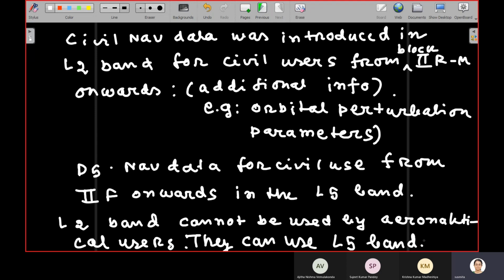Aeronautical users cannot use the L2 band because other navigation aids are already designed to operate in those bands. For them specifically, the L5 band was introduced, but of course other civilian users can also use all three bands, L1, L2 and L5.